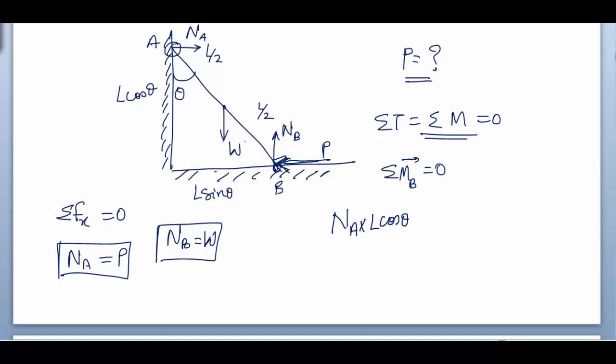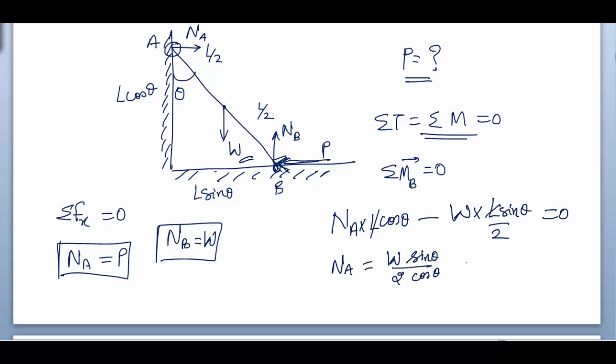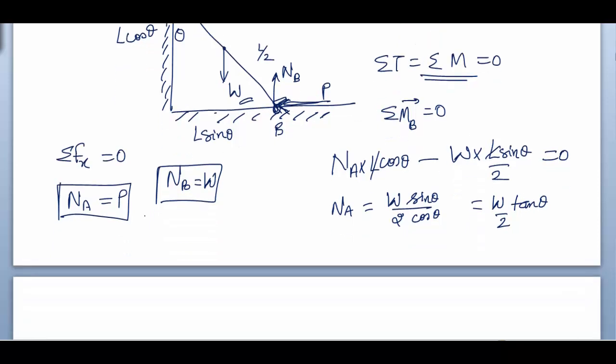Next one is W. So minus W into L sin theta by 2 should be 0. L, L cancel. N A equals to W sin theta by 2 into cos theta, that is W by 2 tan theta. So we get the value of P, W by 2 tan theta.